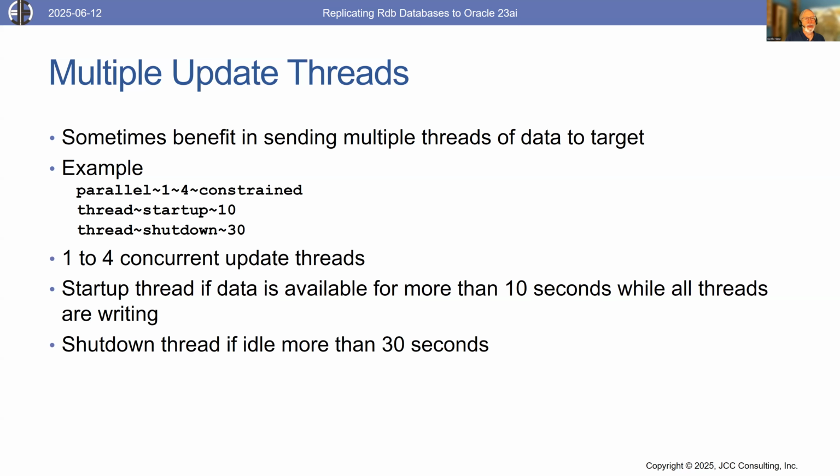When you're tweaking these parameters, you need to understand the effect on the target database, because sometimes doing more work in parallel is good, and sometimes it just means that you have more congestion on the target database. So it depends a lot on your transaction mix, and there's not one answer that fits everything.